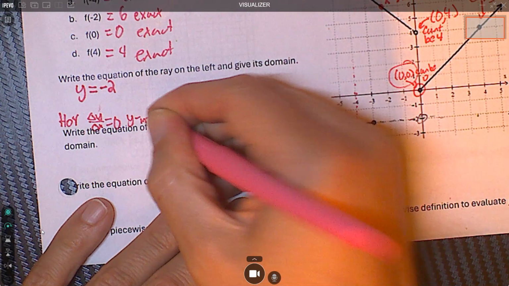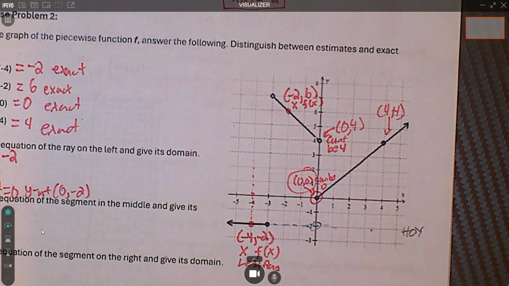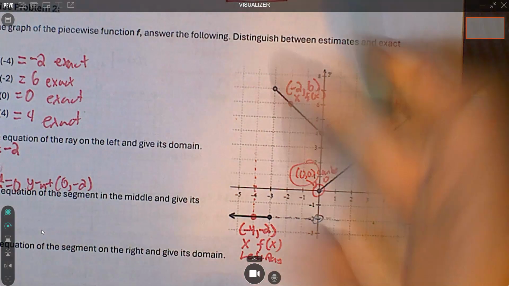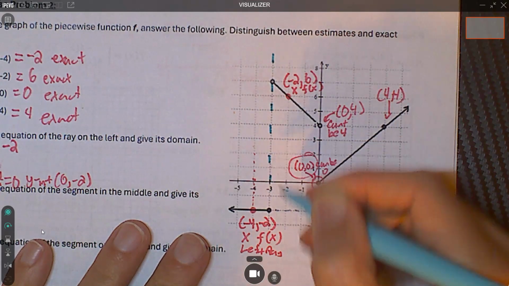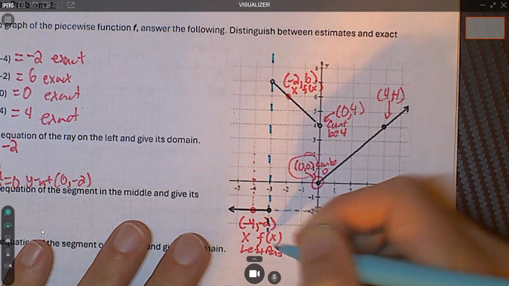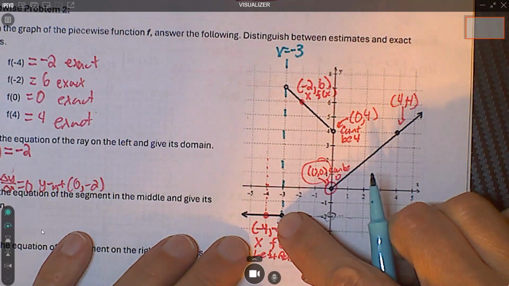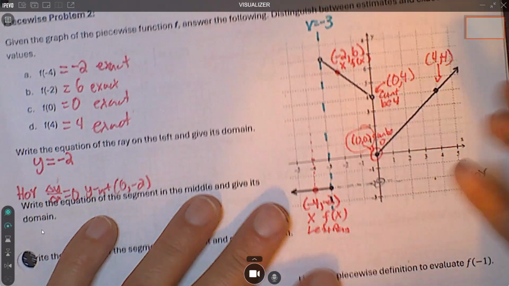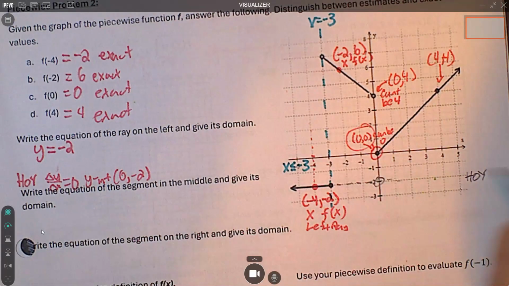Y-intercept. Okay, and this is getting ready also for limits in calculus. So x equals -3 here. Okay, it can be equal to -3. So this section would be x is greater than or equal to -3.